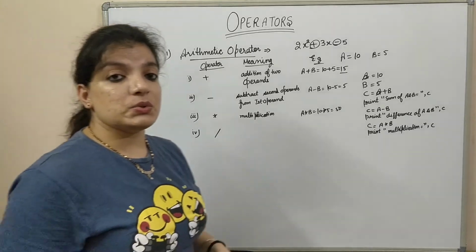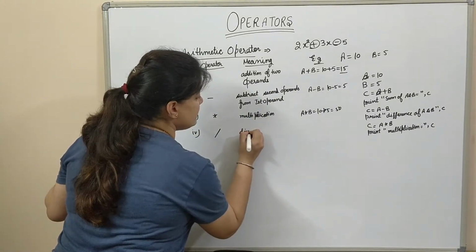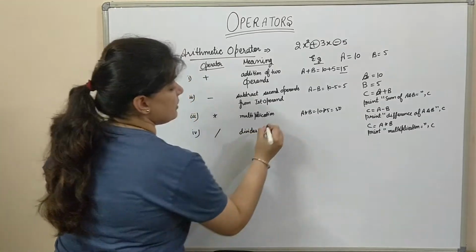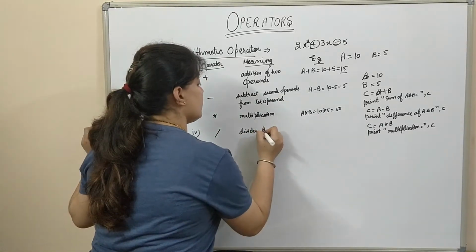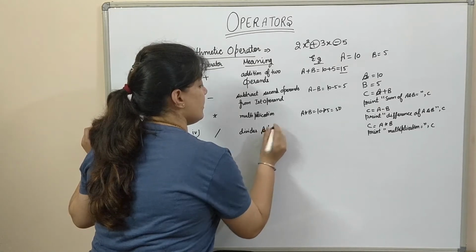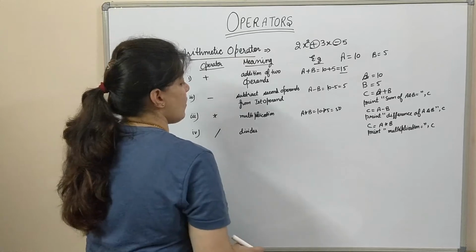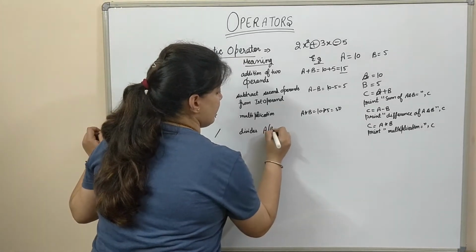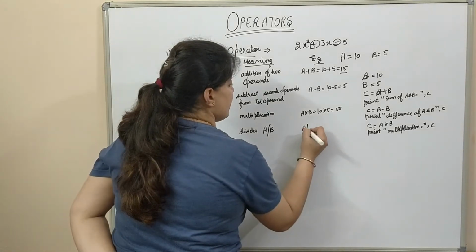It is used to divide a by b. This operator is used to divide a by b, or the first operand by the second operand. You need to remember one thing here.